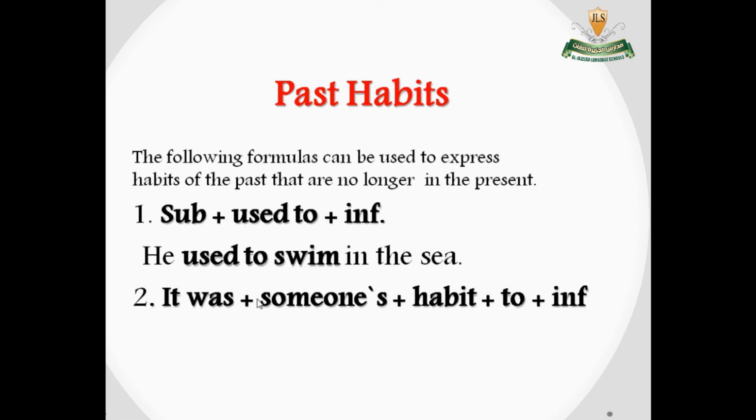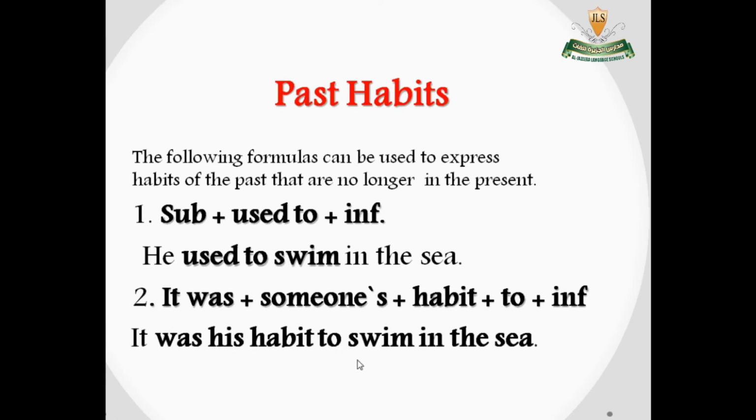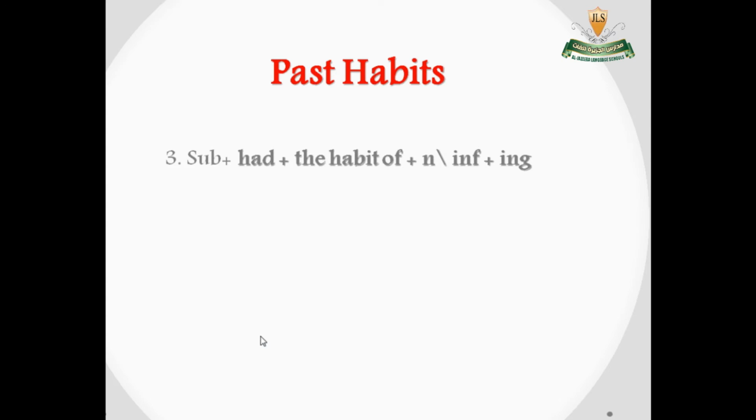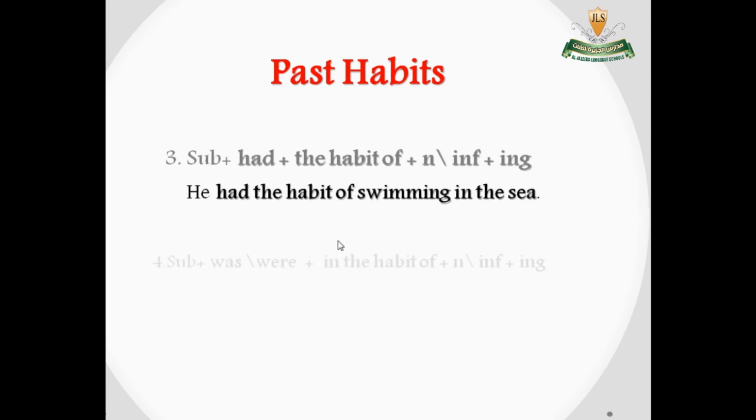It was someone's habit to swim. So it was his habit, or it was Sama's habit, or it was Khalid's habit to swim in the sea. The other way, or the third way, is subject plus had plus the habit of noun or verb with ing. He had the habit of swimming in the sea.